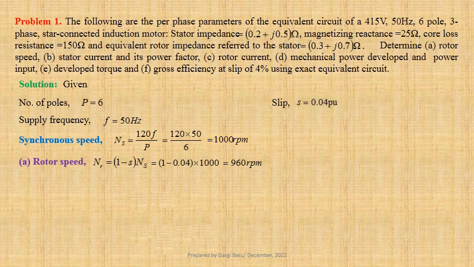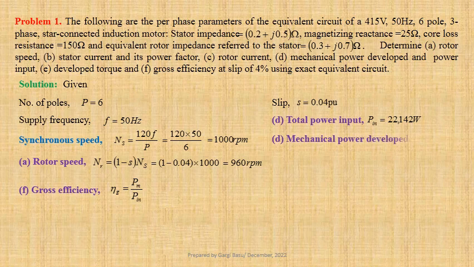Now we shall determine gross efficiency of the motor. Eta G equals Pm divided by Pin. We have obtained total power input Pin equals 22,142 watts and total mechanical power developed Pm equals 19,612 watts.